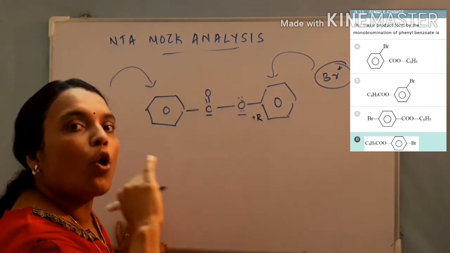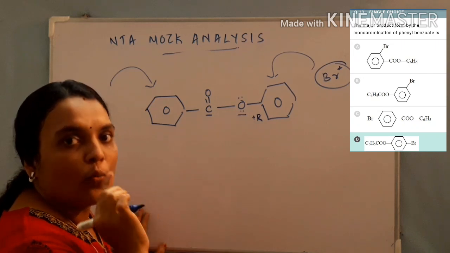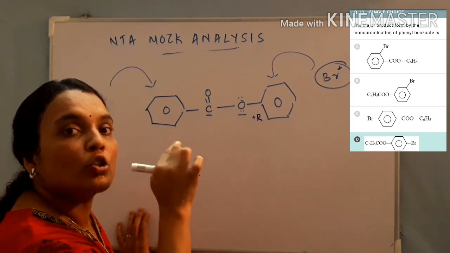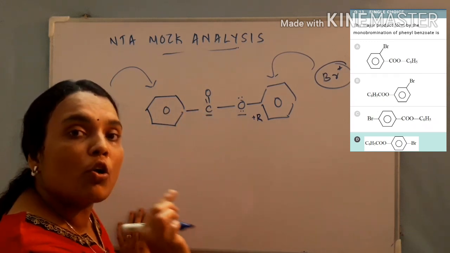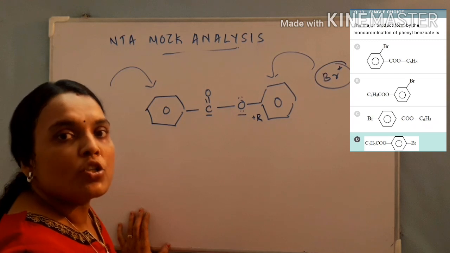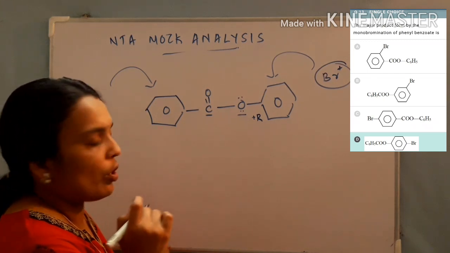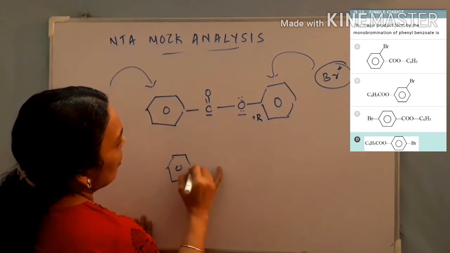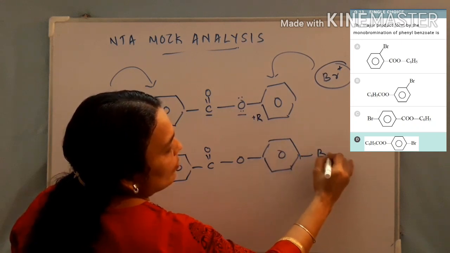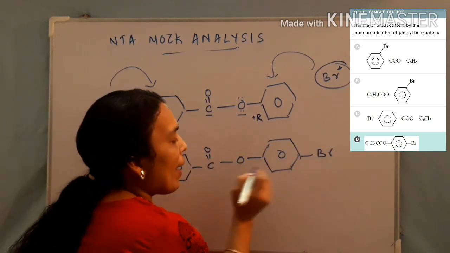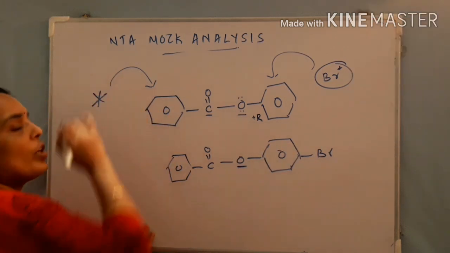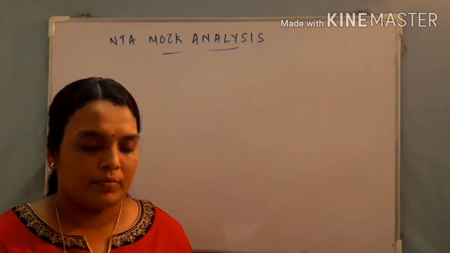There are two types of product, ortho and para, where the para product is the major product because if bromine is substituted at the ortho position, there is a chance of steric hindrance. That is why the para product is the major product. So the correct answer is bromine substituted at the para position of the ether group. Clear? That is also another important question. Come to the next question.